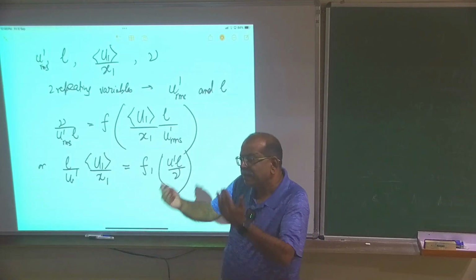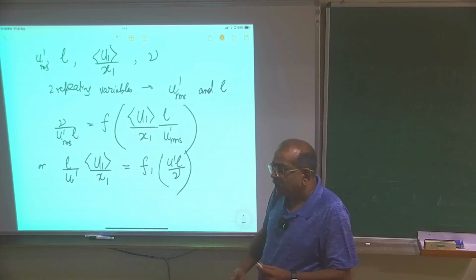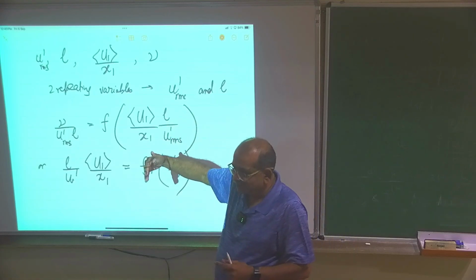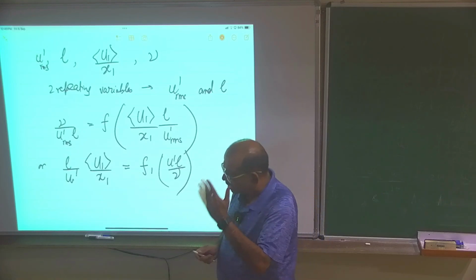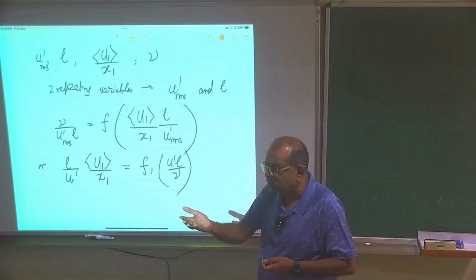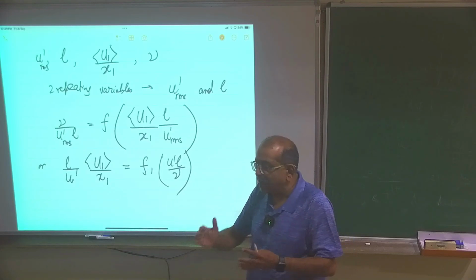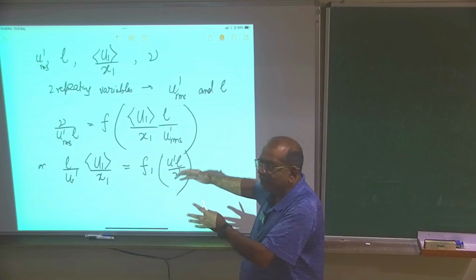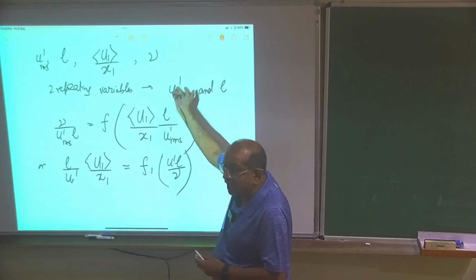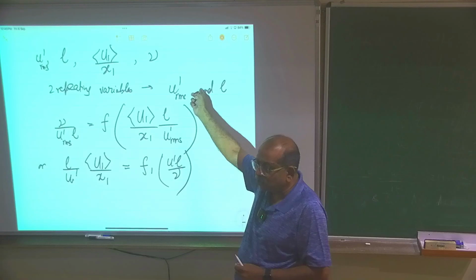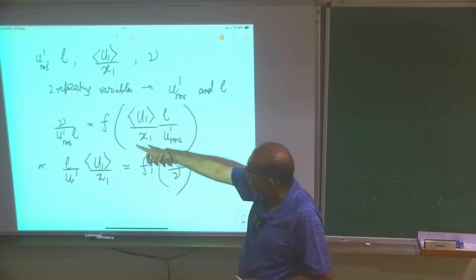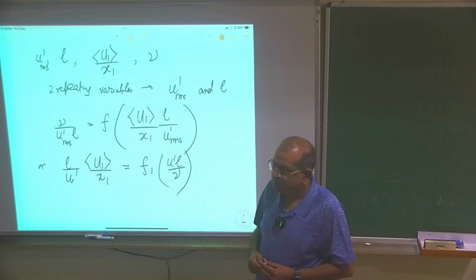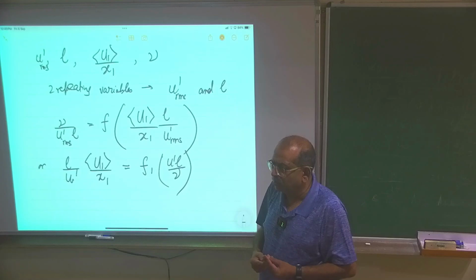Therefore, it can be expressed as n minus r variables, which will be non-dimensional, and pi 1, if I call it group. So pi 1 is a function of n minus r. So initially, if there were 3, then I will be left with 3 minus 2, 1. So pi 1 is a function of pi 2. This is the Buckingham pi theorem.